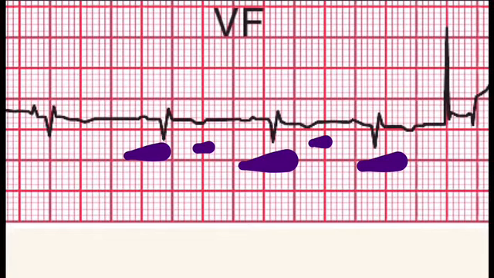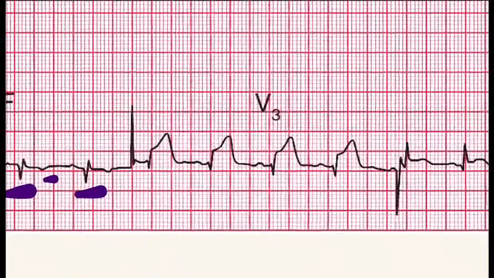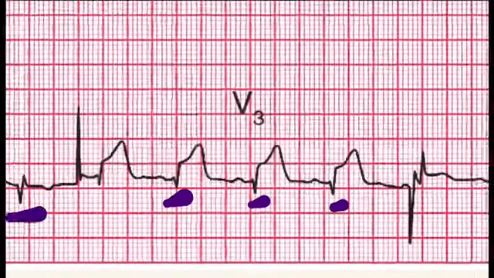Now let's talk about the findings associated with the acute anterior infarction. For the acute anterior infarction, what leads will we be seeing? That will be V2, V3, V4. See here, Q wave, Q wave, Q wave.